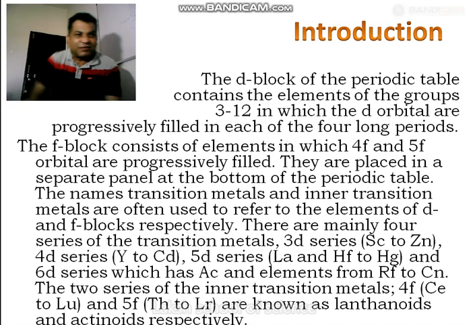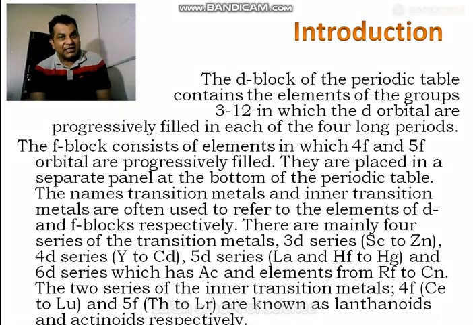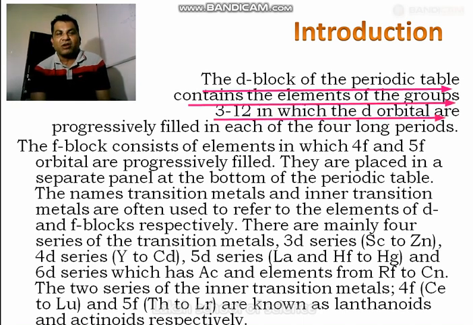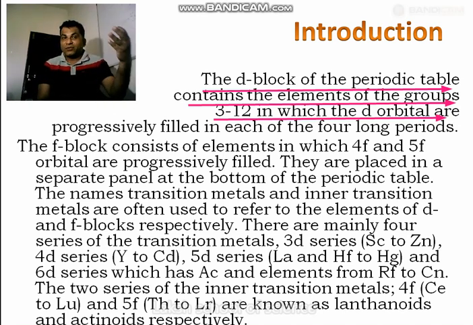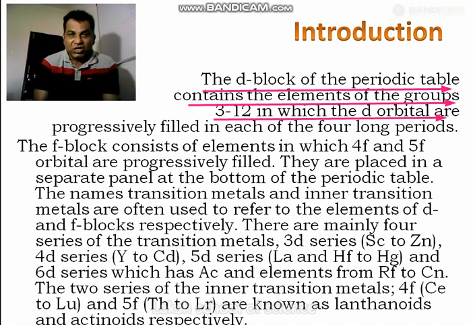So that's why the first topic is written like this: the D block of the periodic table contains the elements of the groups 3 to 12, each with the d orbital progressively filled in each of the 4 long periods. So the groups are 3 to 12 and periods are 4, 5, 6 and 7.